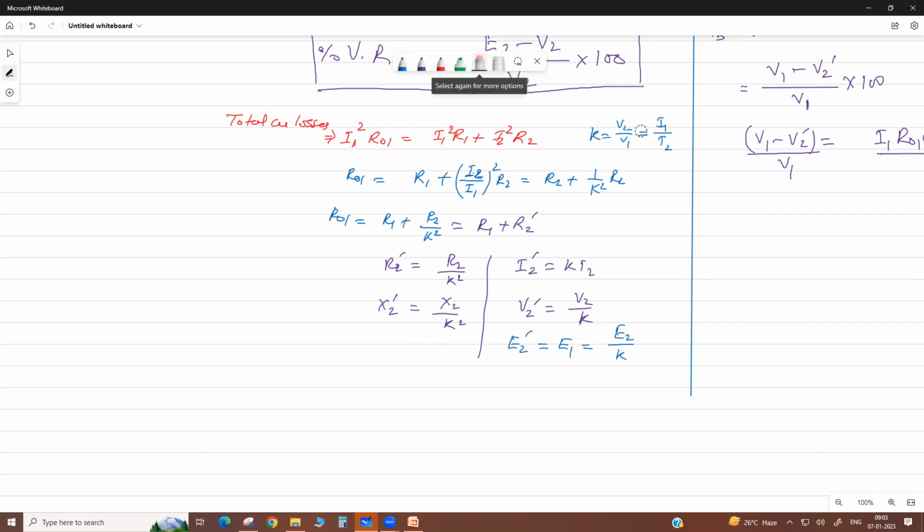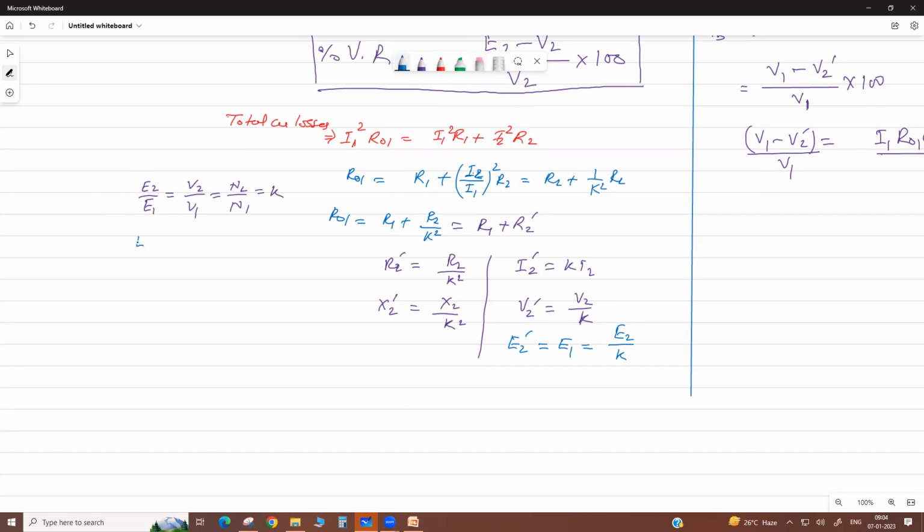K equals E2 by E1, which equals V2 by V1, which equals N2 by N1. This is the turn number.